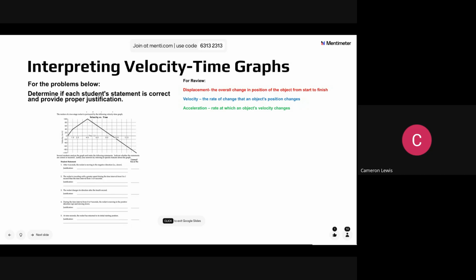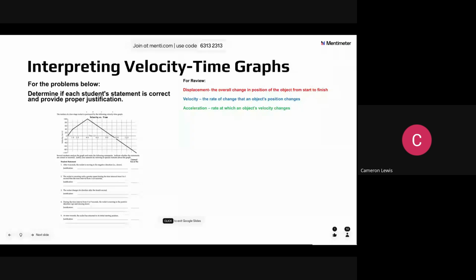During the time interval from 4 to 9 seconds, the rocket is moving in the positive direction, up and slowing down. We got some no's. Why'd you say no? No, because it's going down, towards the axis.